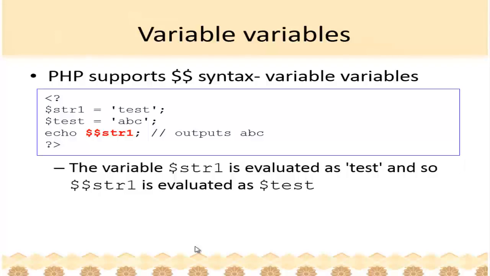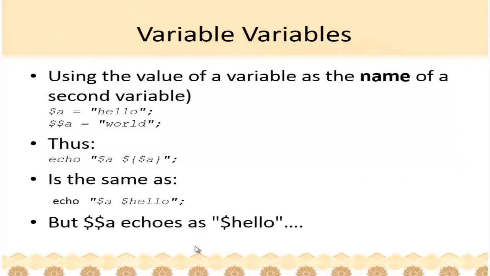If you notice over here, I have str1 which is test. Test is ABC. So dollar of str1 has to output the ABC. There is one other example over here. So dollar $a is hello, dollar $a is what? Now this is not shown again. I'm not going to type it again. Now, what is the variable that is created here? What's the variable on which the values are used?